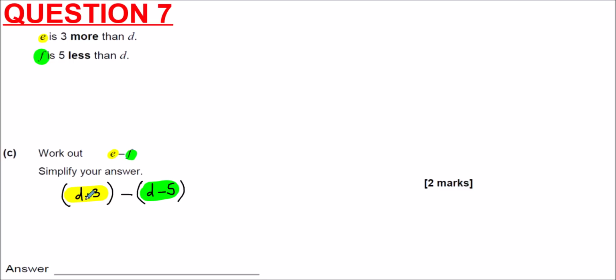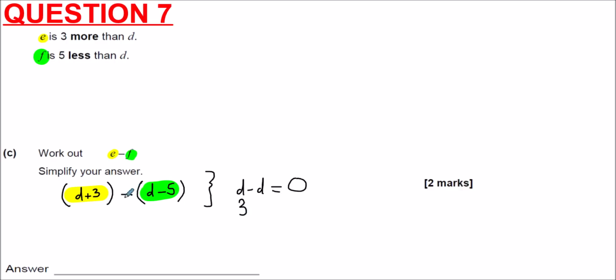So now if we work this out and try and simplify it, with D take away D, the D's would cancel. D take away D is 0. So nothing to worry about for the D's. But for the units, we start with 3.